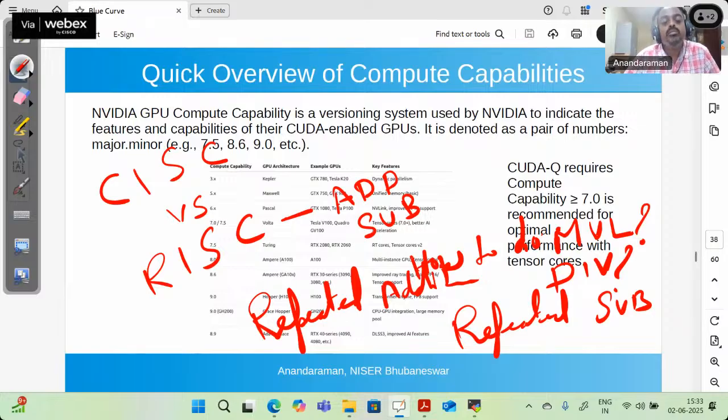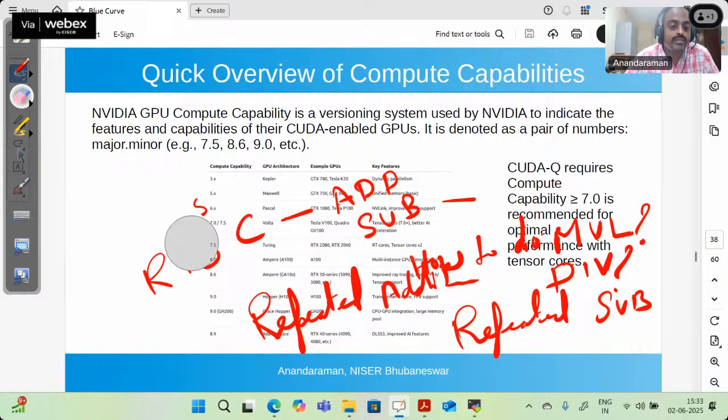In CISC you have addition, subtraction, multiplication, and some other advanced instructions also, so writing a program will be easy. But in RISC, the program will be difficult. If the processor is complex, the program becomes easy and the programmer's headache is less.